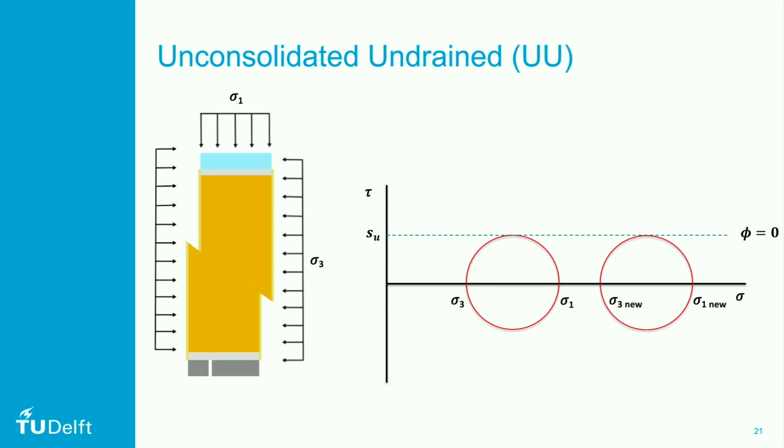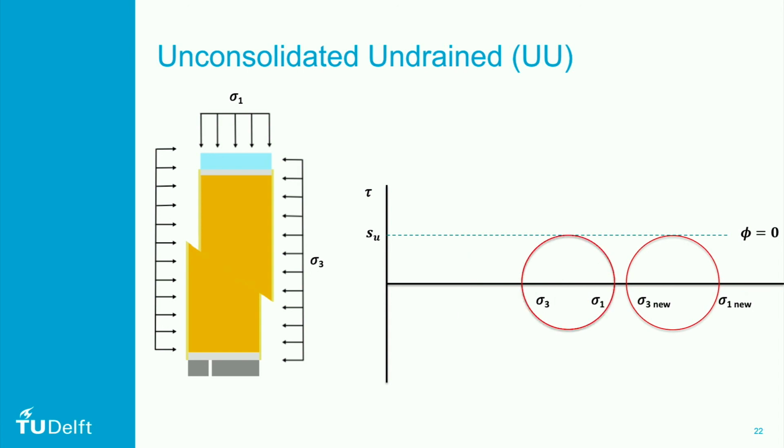If we plot the failure envelope, it would have an angle of friction of 0 and will have the shear strength Su. In this example, the two samples were subjected to different cell pressures, and we found that Mohr's circles have the same size. The effective stress, sigma dash, in a soil sample is the total stress minus the pore water pressure.